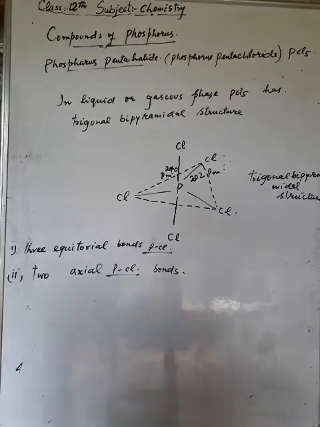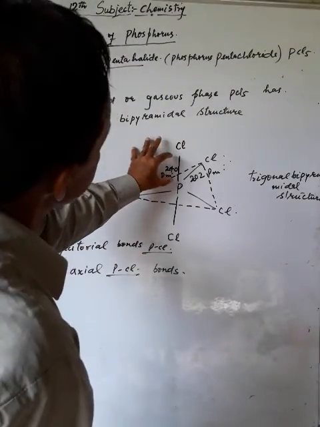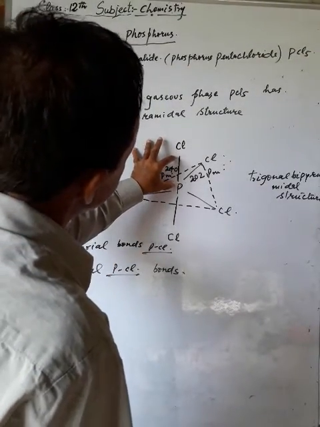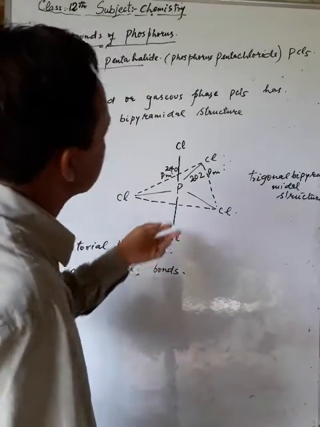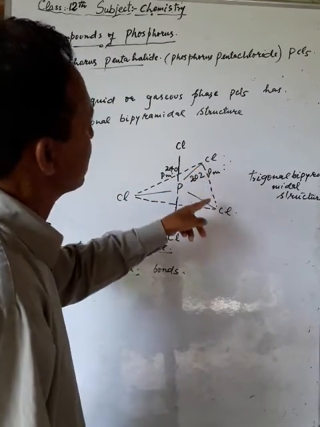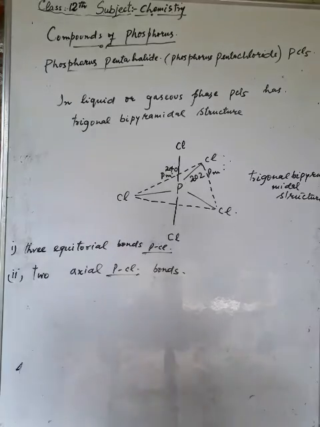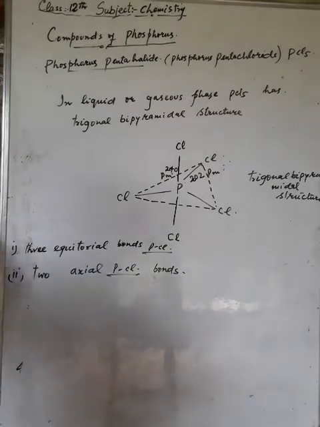This is due to the fact that these axial bond pairs experience more repulsion as compared to the equatorial bonds.